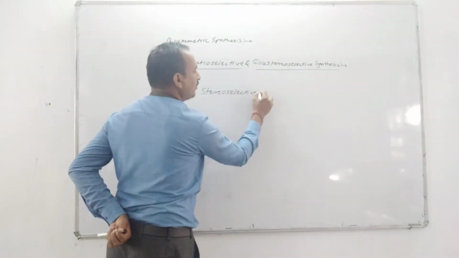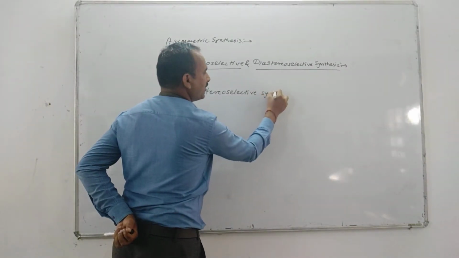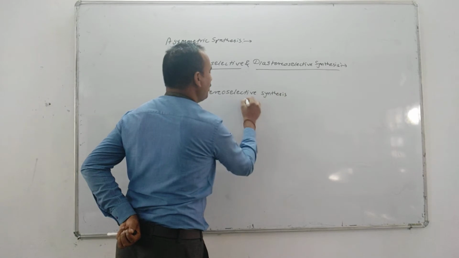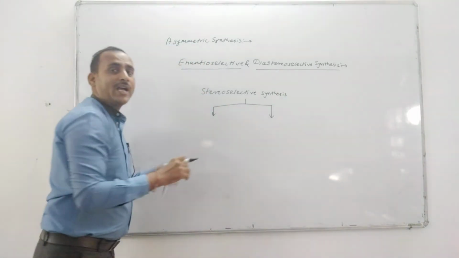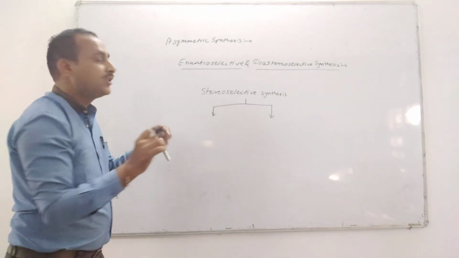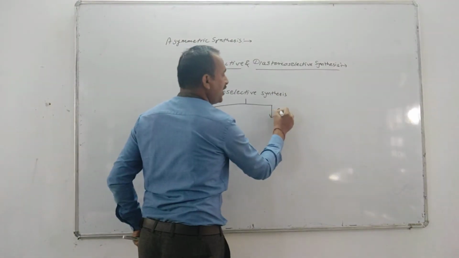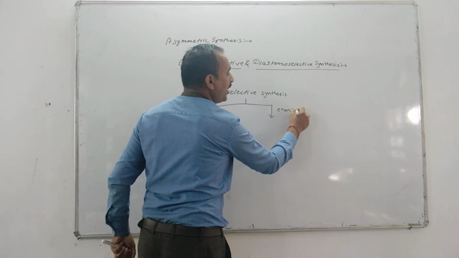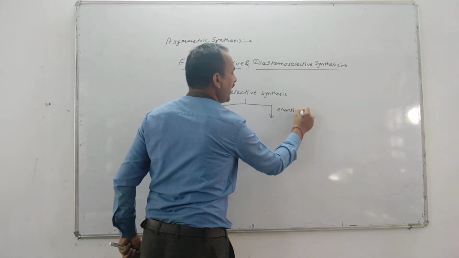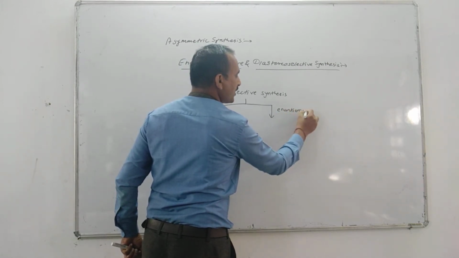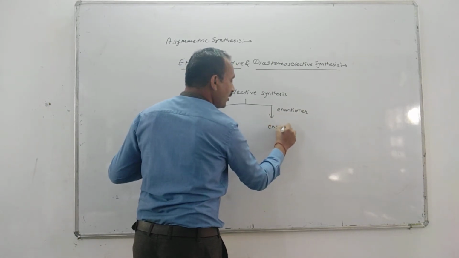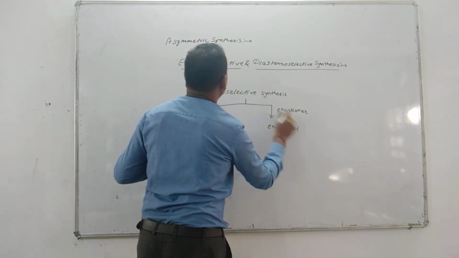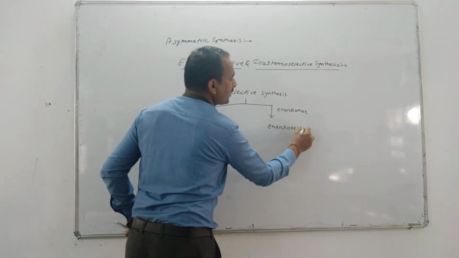Stereoselective synthesis or reaction is of two types depending on the isomers obtained. If the isomers are enantiomers, then the reaction is enantioselective.